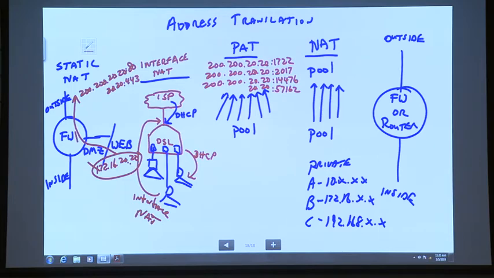So this would be my static NAT. Okay? So static NAT would be the other way that we can do this. So these are really the four different modes that we've got for network address translation. So it depends on how you have your network set up and what sort of addressing schemes you want within your network.